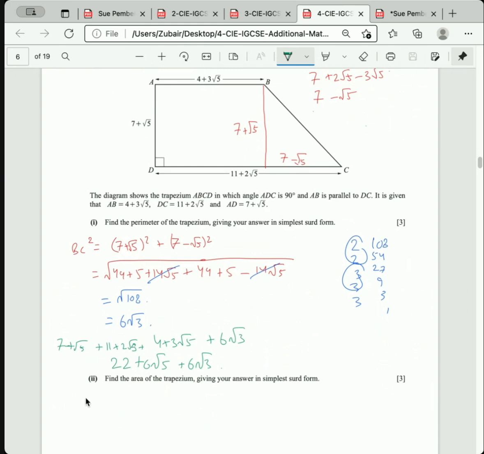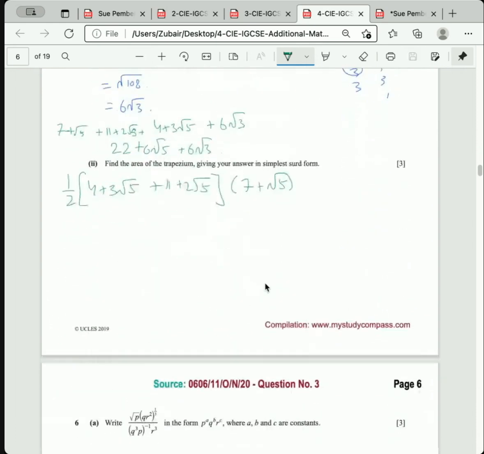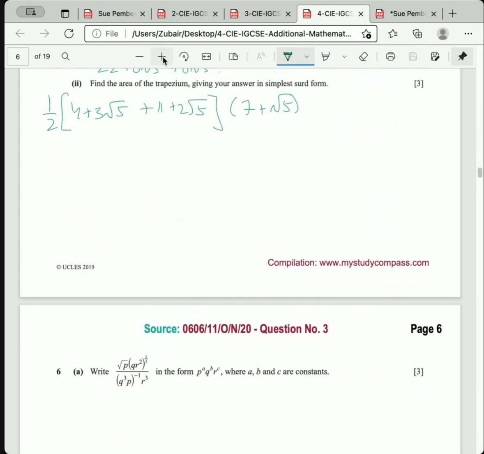Area is 1 by 2, sum of parallel sides 4 plus 3 root 5 plus 11 plus 2 root 5, times height 7 plus root 5. 1 by 2, 11, 12, 13, 14, 15, plus 3 plus 2 is 5 root 5, times the 7 plus root 5.